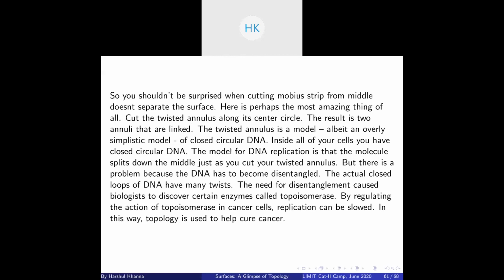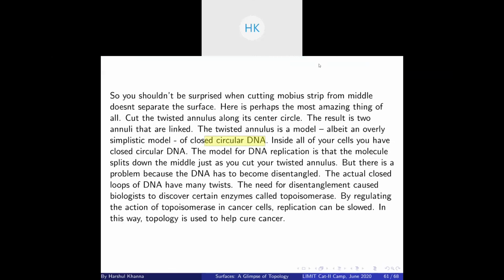If you cut along its middle, you will get two other same annuli with full twists that are linked together, right? So a twisted annulus is a model of a closed circular DNA.